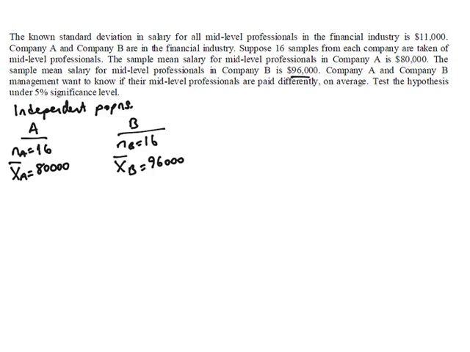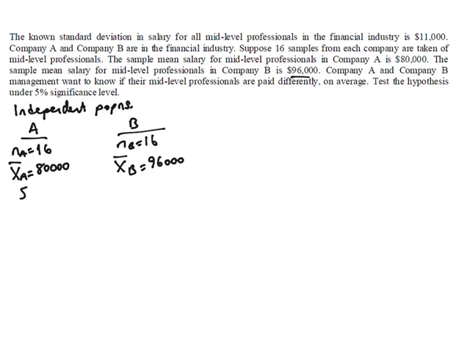The company A and company B management want to know if their mid-level professionals are paid differently on average. So we need to test whether there is a significant difference between the mean salaries or not. Test the hypothesis under the 5% significance level.